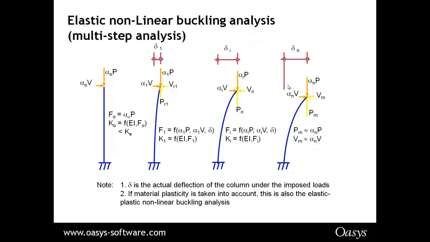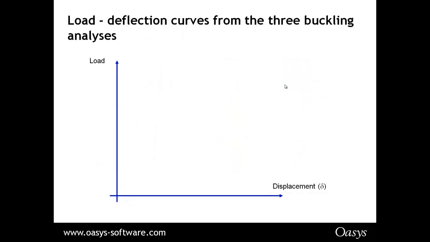But when we go to non-linear analysis, this is when we increment the loads up to a failure point. What you're getting is the actual deflection of the structure and the deflection-load relationship. Now, the difference between these two is, if you've got linear buckling, there's no relationship between displacement and load.